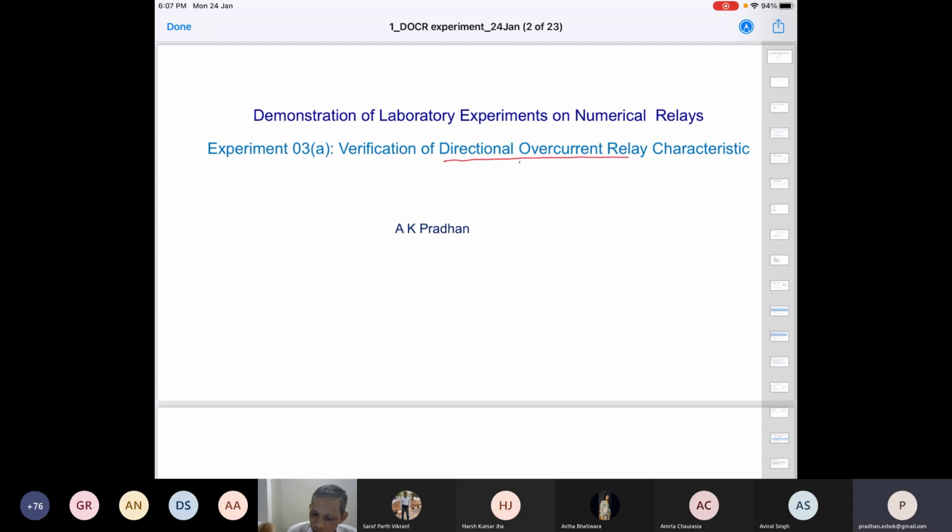We know this overcurrent part: if current is high, then it will operate, otherwise not operate. This part can be definite time, it can be IDMT characteristics, or instantaneous also. The directional part, so we talk here about the direction of fault.